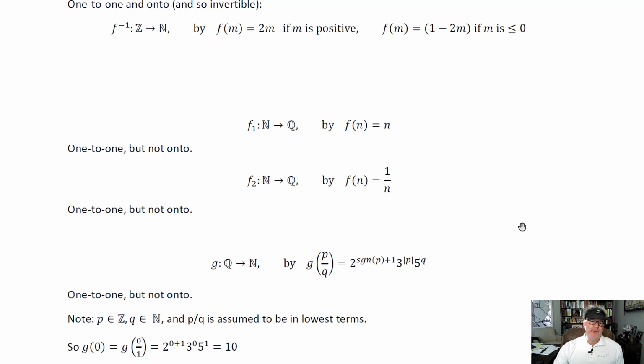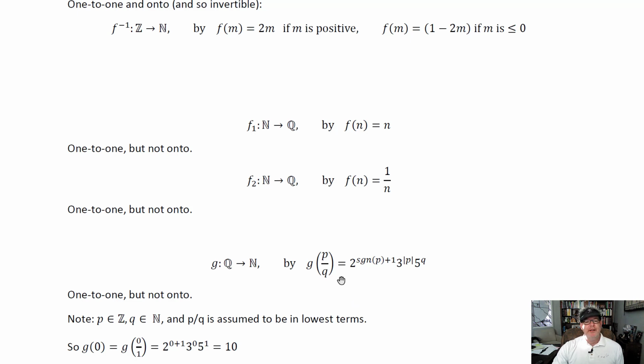Before we try and get one that's 1-to-1 and onto, let's go the other direction. So it might be surprising. I can map the rationals into the positive integers, and it'll be 1-to-1, and again, not onto.